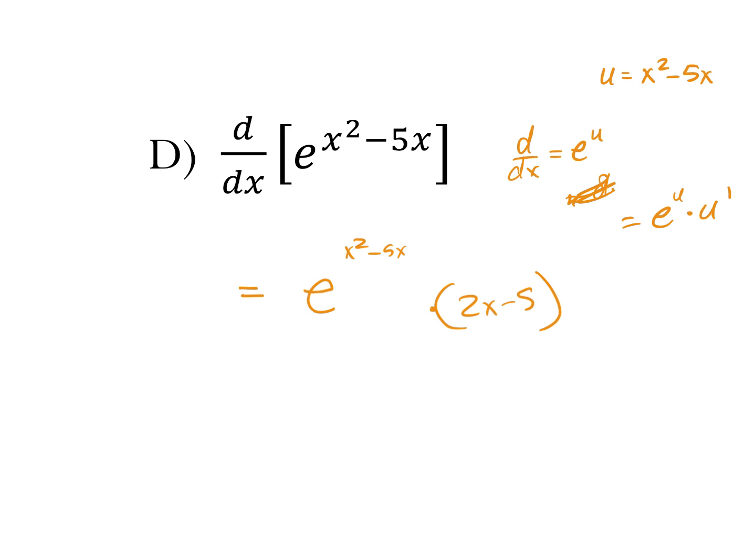That's what the chain rule really says. And if I have x squared minus 5 and take the derivative of that with respect to x, I'd get du dx. So you have some different ways you can think it through, but really it's e to some power that stays the same times the derivative of that power.